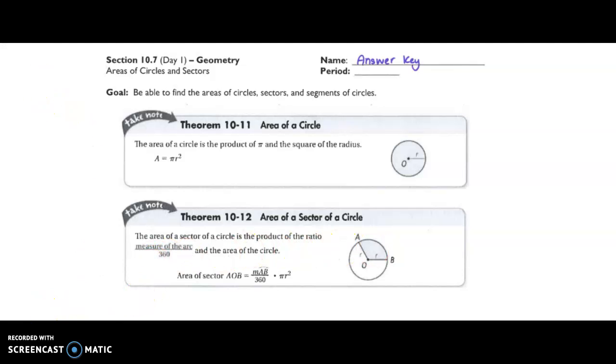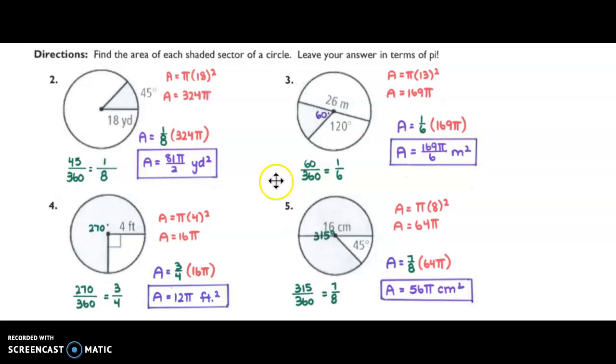All right. So here are some examples of finding the area of a sector. I know it's a little bit hard to see, but the slightly darker region is the shaded sector. So here in number 2, this in green is our first step: 45 degrees divided by 360 is 1/8, if you can simplify.